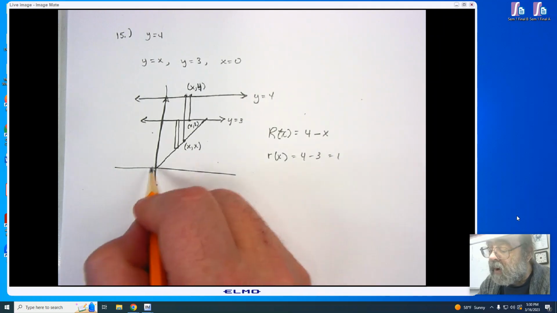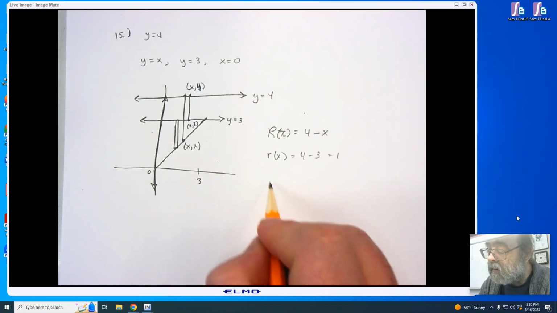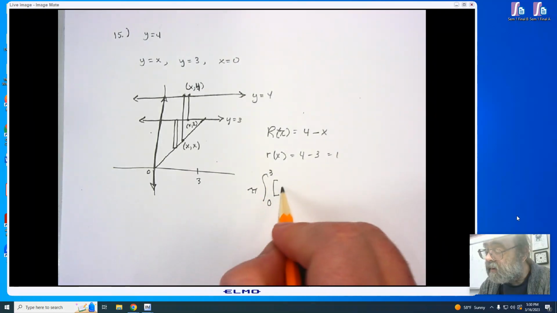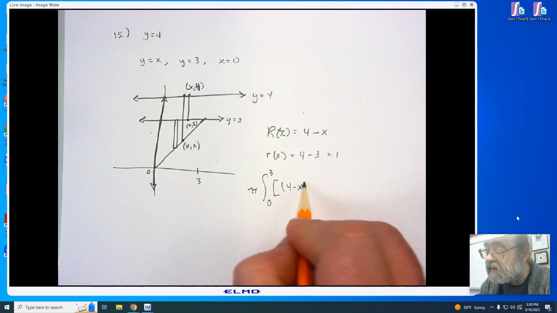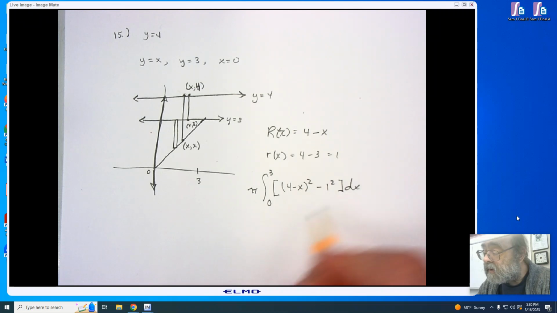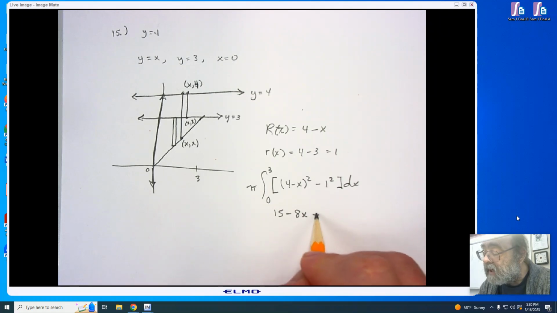Putting this into the formula, going from 0 up to 3, making sure I have pi multiplied in front. I have 4 minus x, the quantity squared, minus 1 squared, dx. This is giving me 16 minus 1 is 15, minus 8x, plus x squared.